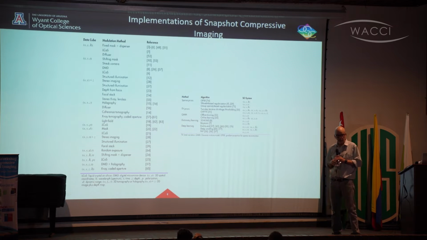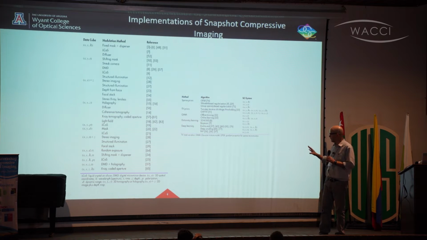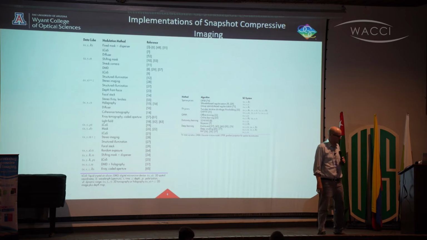This basic strategy has been applied with three basic forms of tomography with optical fields. There's projection tomography like X-ray tomography. There's diffraction tomography like compressive holography. And then there's coherence tomography with statistical fields. All of those different systems have been implemented in various ways and shapes and forms with the same basic mathematical format and the same basic reconstruction algorithms.